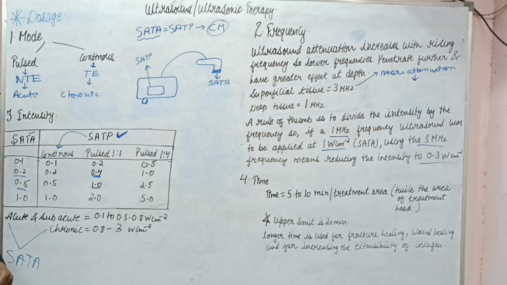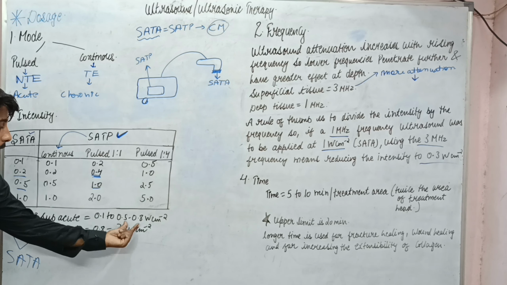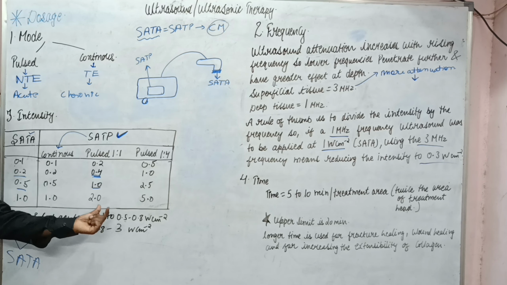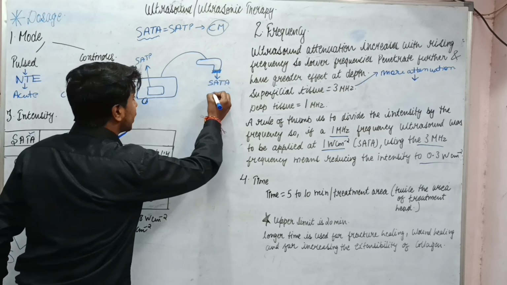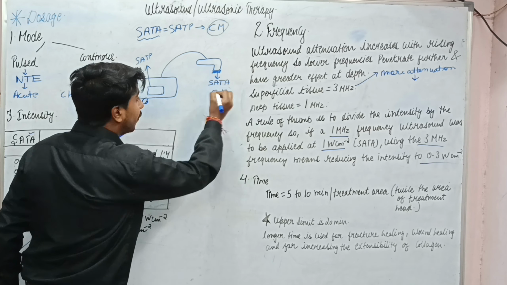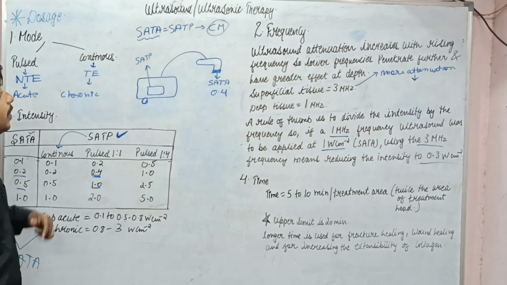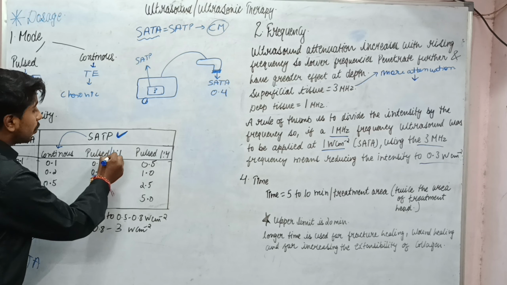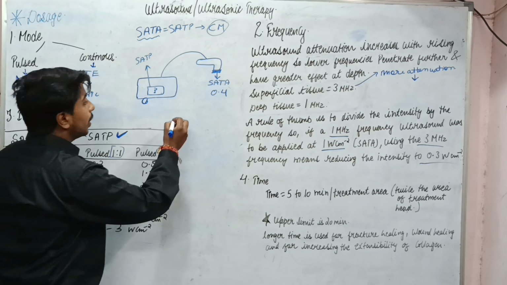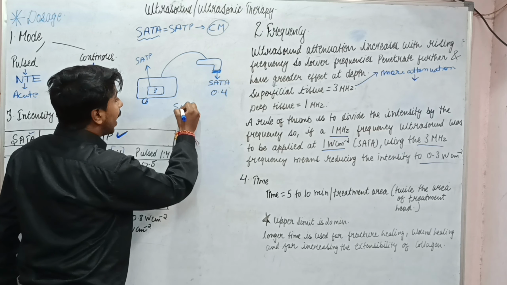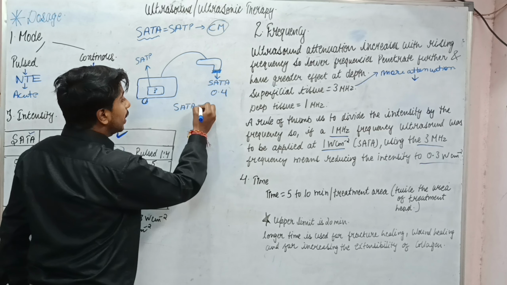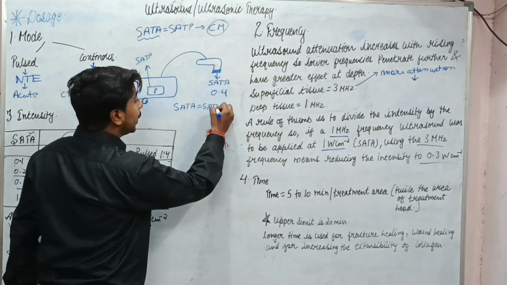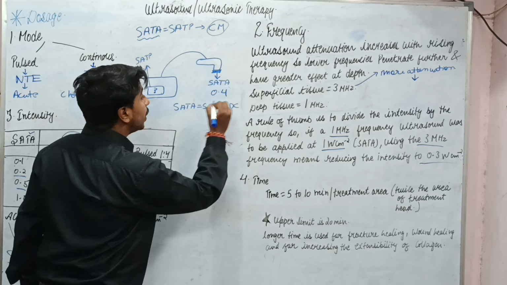So let us have the same patient. We want 0.4 SATA. Now what will be our SATP? That is the question mark. Mark space ratio is 1:1. So what was the formula? SATA is equal to SATP into duty cycle.